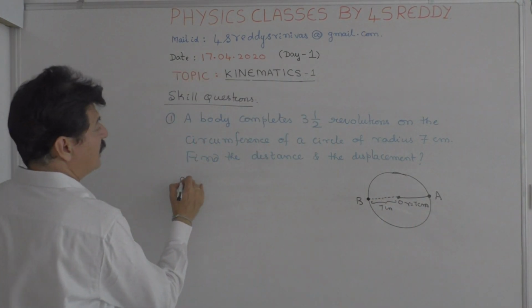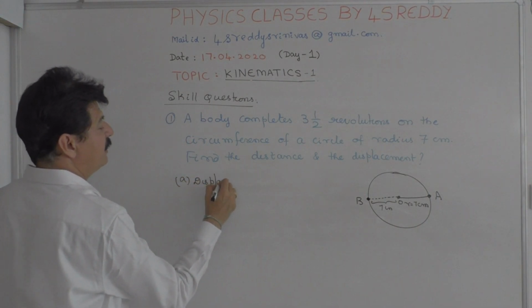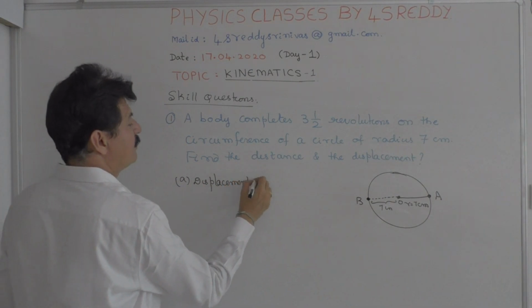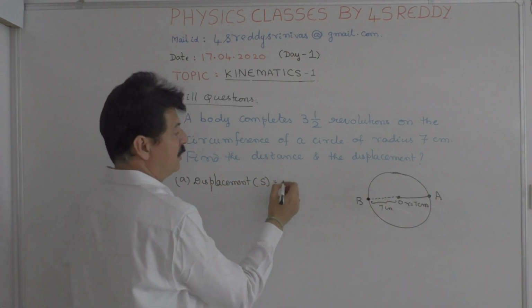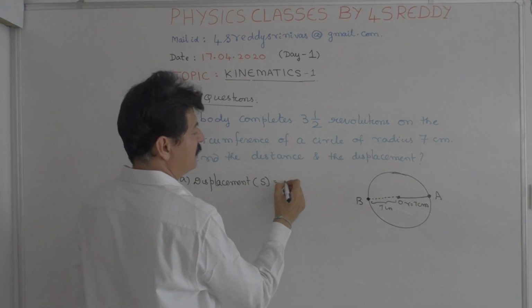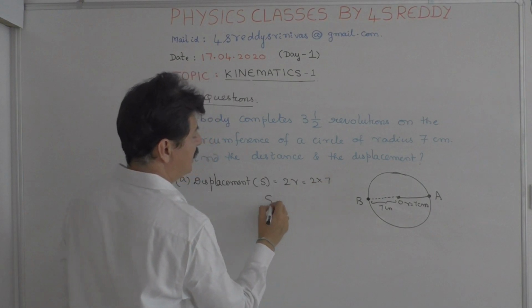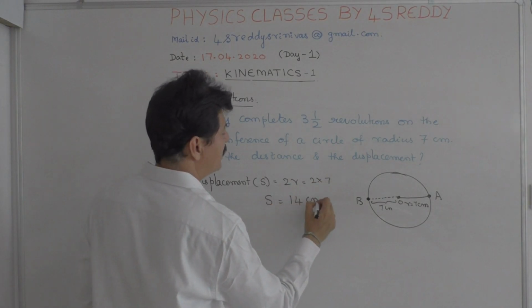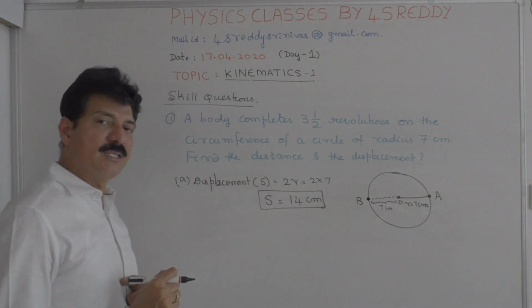Therefore, the displacement is given by AB, along the shortest path. That is nothing but 2r, which is 2 into 7. Therefore, S is 14 centimeters, because the initial point is A and the final point is B.